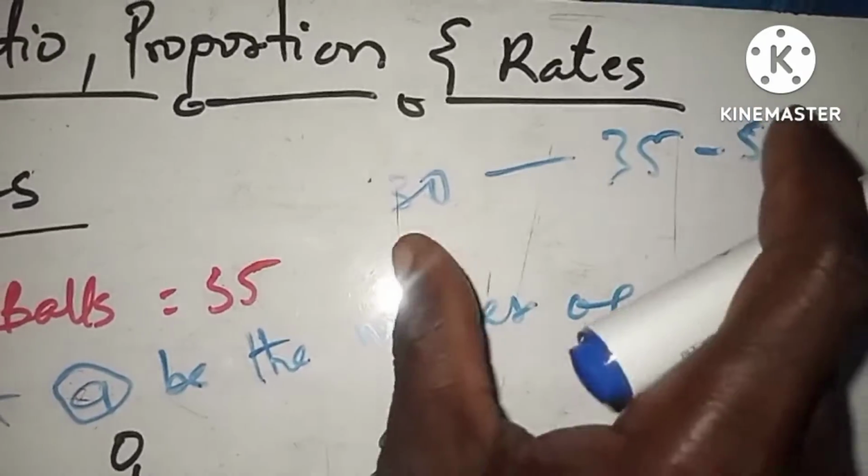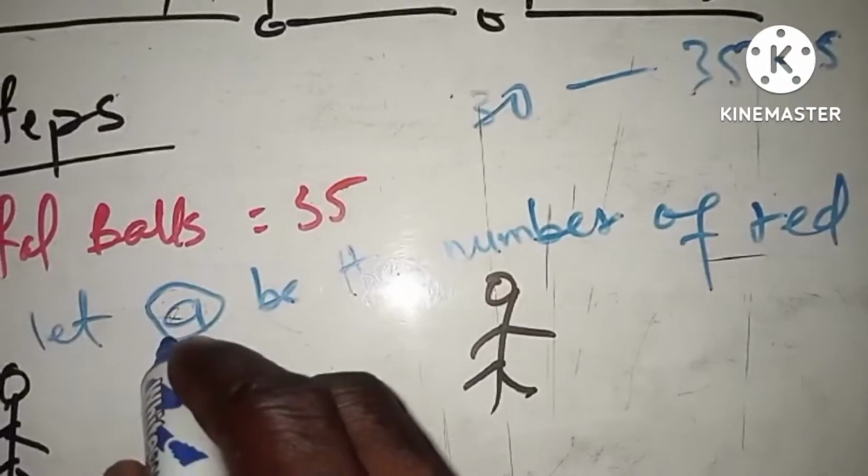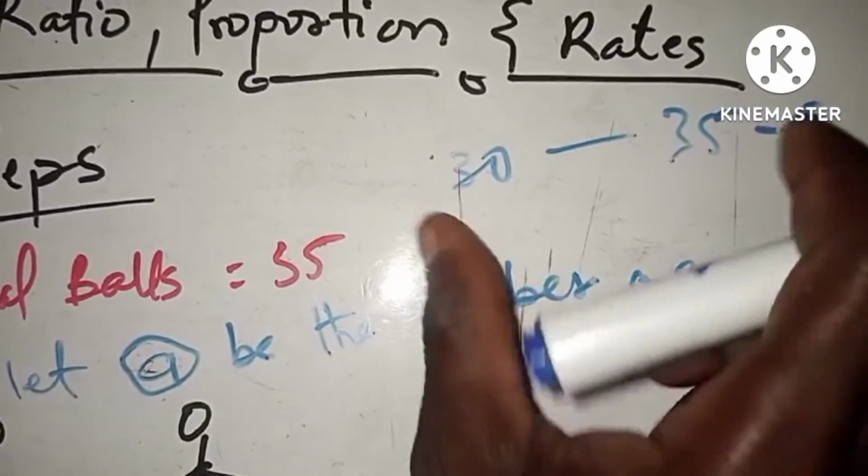In that case, we don't know the number of red balls that they are taking, so you represent that by A. What do you think would be the remainder?